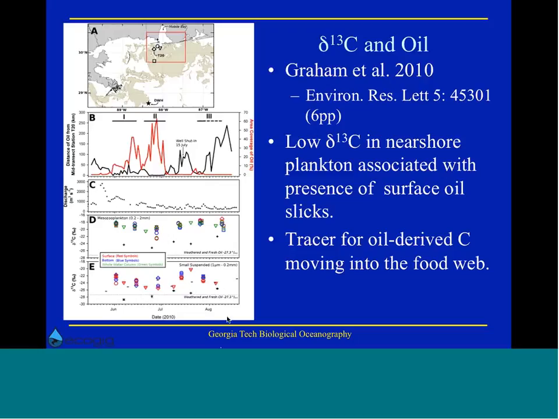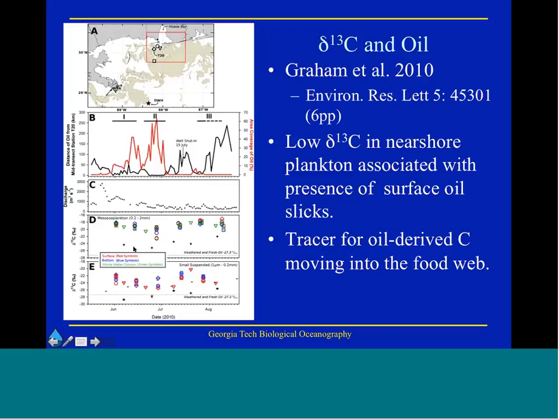And as you can see, as we go from June through July and early August, there's a very clear trend in which delta C13 is lowest in July and August, and then rebounds and is higher later in that time period. So this is evidence for a contribution of oil or oil-derived carbon to the suspended particles in this region during the latter part of the oil spill.